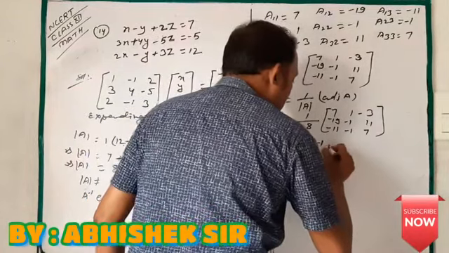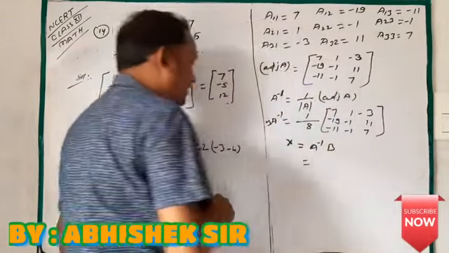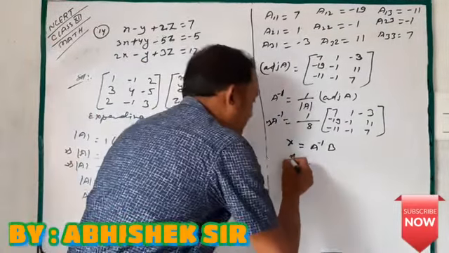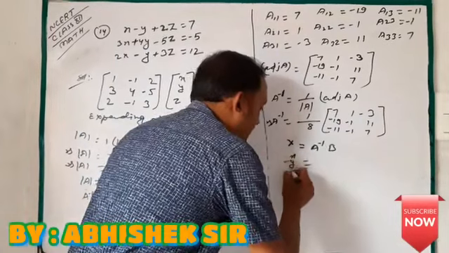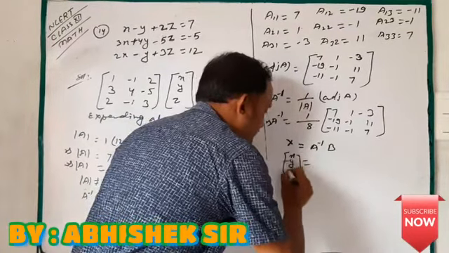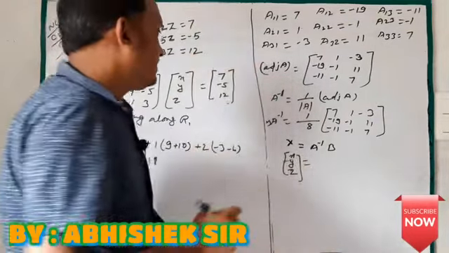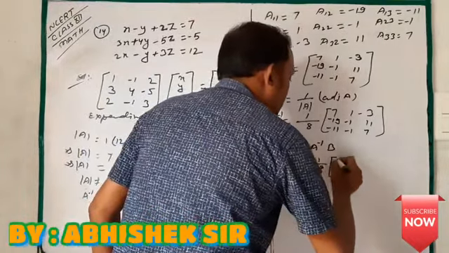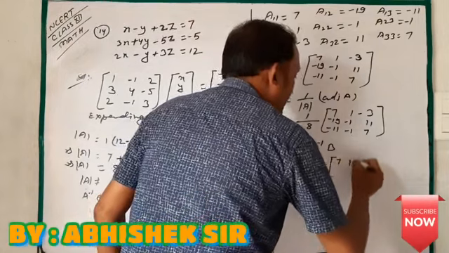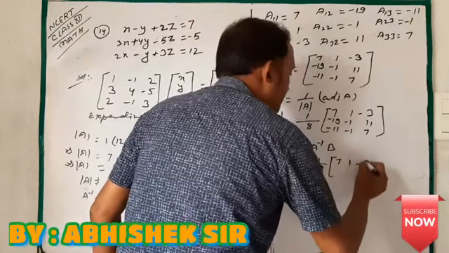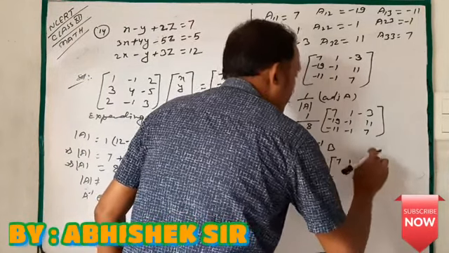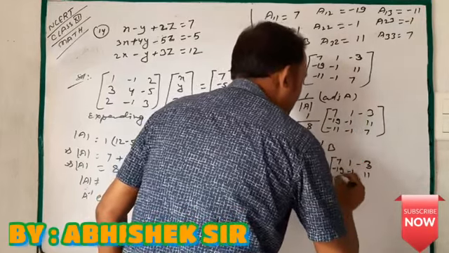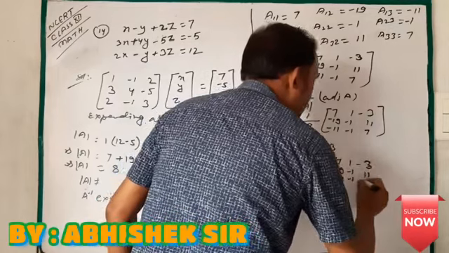And X is equal to what? A inverse B. What is our A matrix? A matrix is X, Y, Z. A inverse is 1 upon 8, 7, 1, minus 3, minus 19, minus 1, 11, minus 11, minus 1, 7.